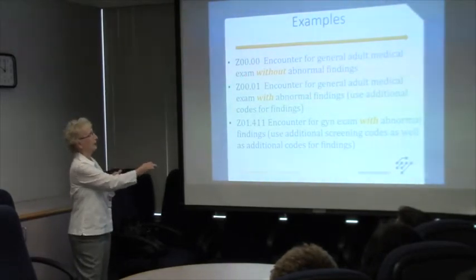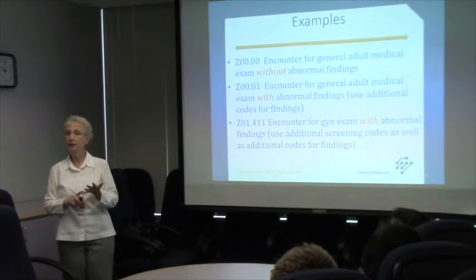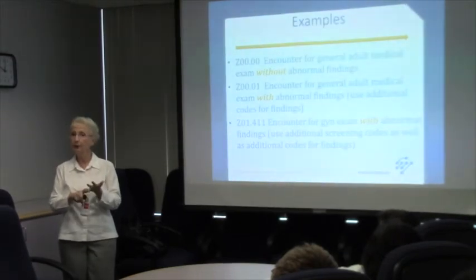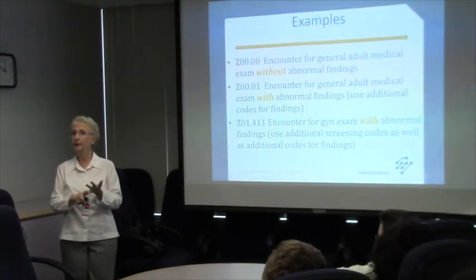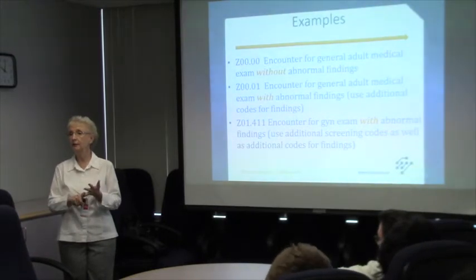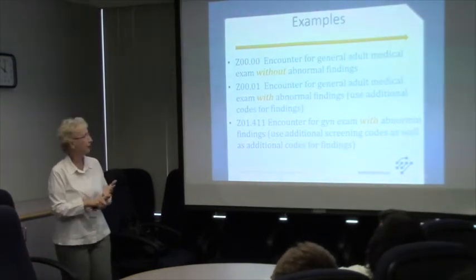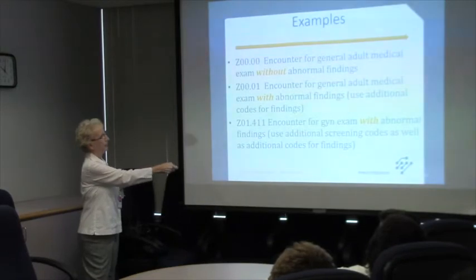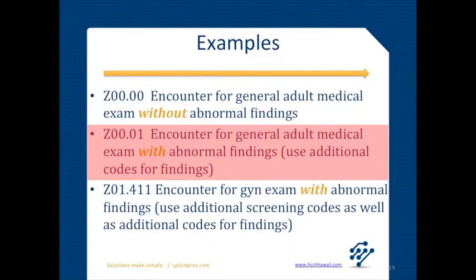Z00.00. If there are existing problems that are managed, or new problems that are identified, so there is some other condition being reported with that routine physical, you must also use the additional codes for findings.